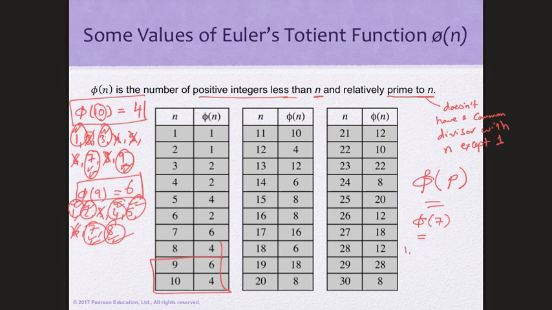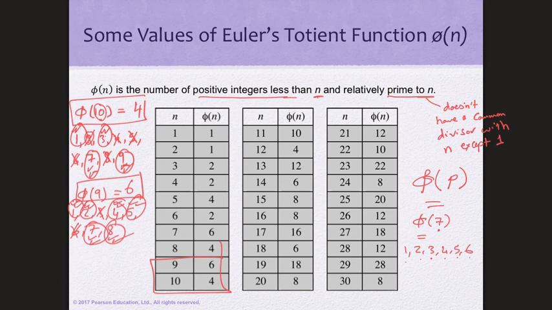So what's the phi of 7? The numbers smaller than 7 are 1, 2, 3, 4, 5, and 6, right? Is it possible that any one of those numbers will have a common factor with a prime? Never. Because they are smaller, they cannot be multiples, and they cannot have a common factor with a prime, because a prime number is not divisible by anything except itself and 1.